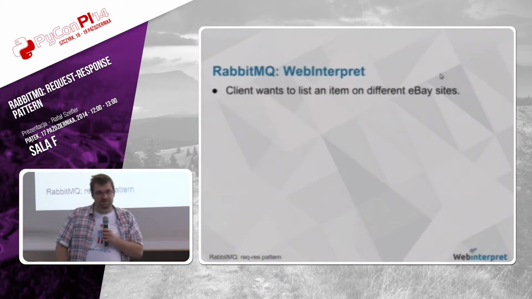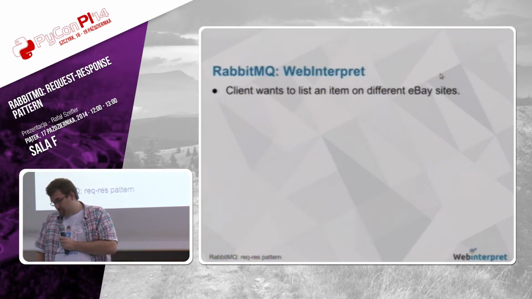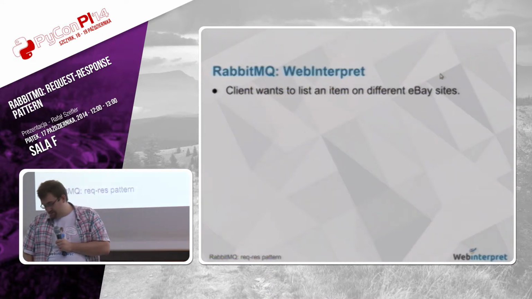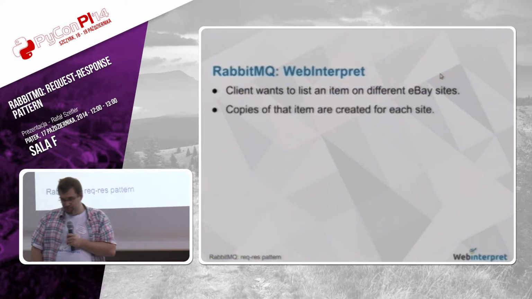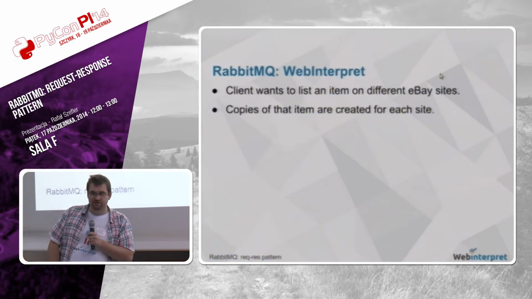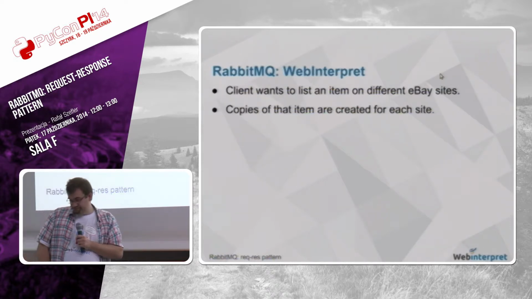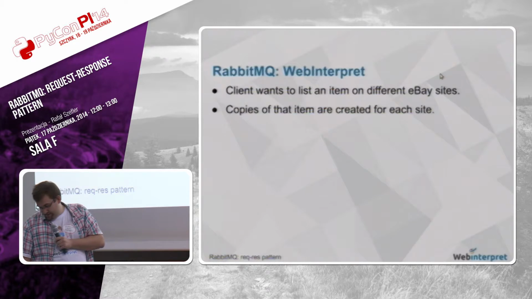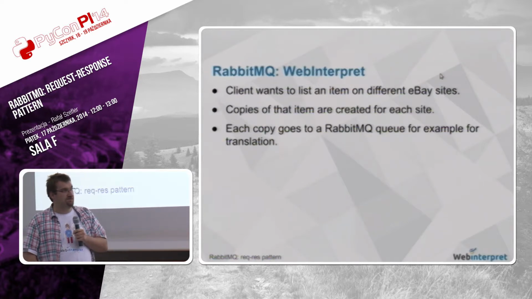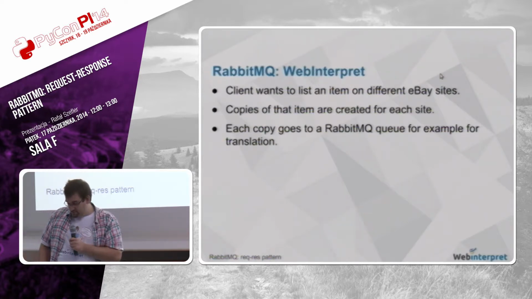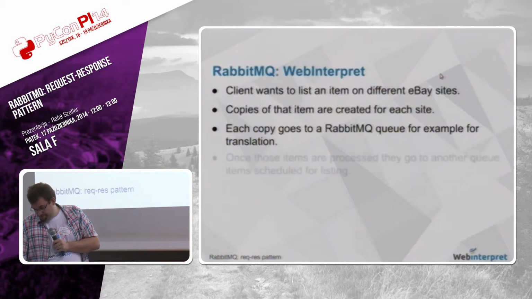So what does the process look like? We start with the client. He wants to list an item, let's say on eBay or Amazon or whatever. We copy that item for each site he wants to list it on. And then each copy goes to RabbitMQ, for example, for translation. There are other things that we handle, other things that we process, but let's focus on this one.